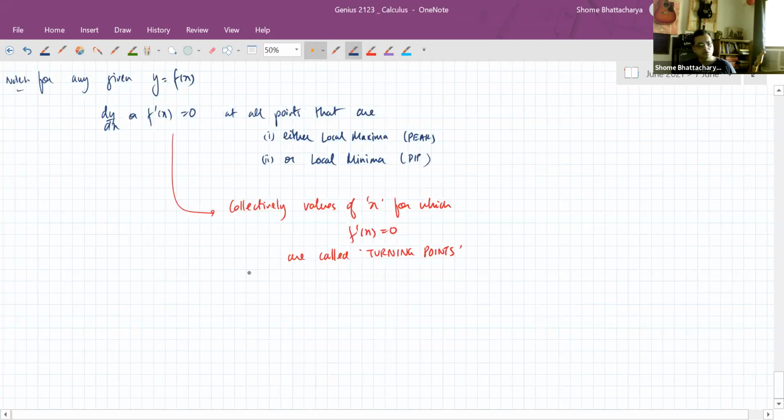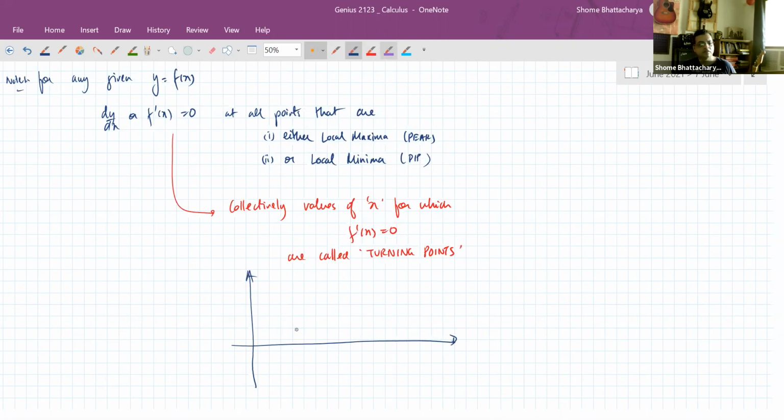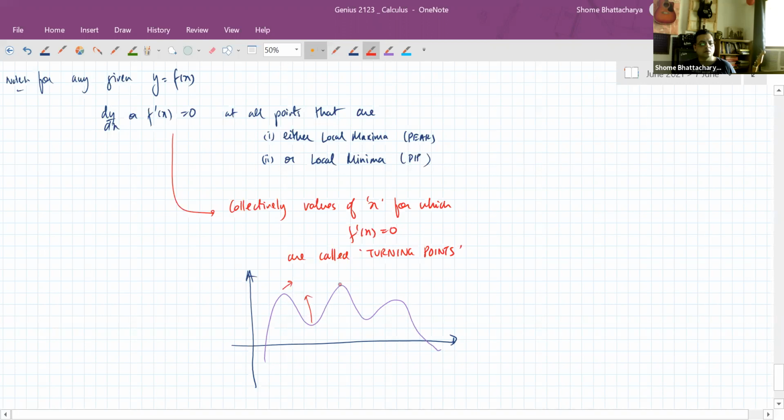Okay. So again, if you visualize a general graph, there are n number of points where the behavior of the function is changing. These are all turning points, because the slope of the tangent at all these points is going to be 0.